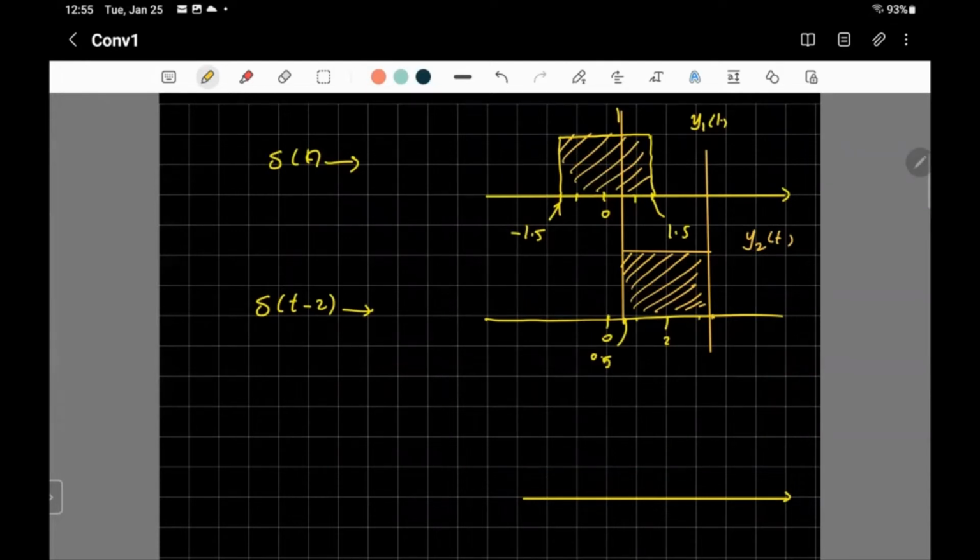From negative 1.5, that's the 0, and that's negative 1.5. The same line here. It's equal 1, right? It continues at 1 up to 0.5. You see, up to 0.5. And that's negative 1.5. The output will be 1.